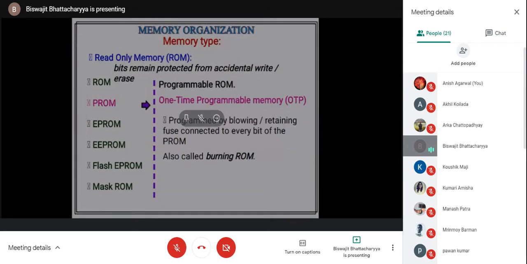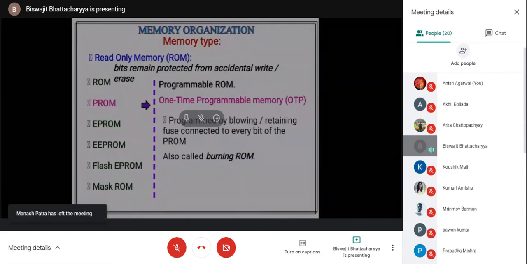When a fuse is blown, the connection is lost between the data bit and the terminal connection of the memory, so that nobody can write anything further, but the external user can read data but cannot write anything. So blowing a fuse means data remains permanent there. There is a disconnection of the write path.